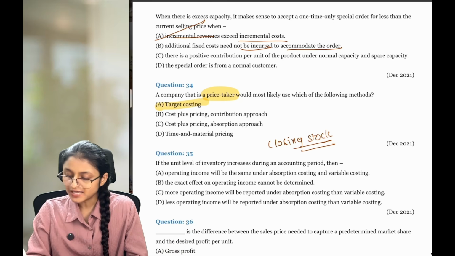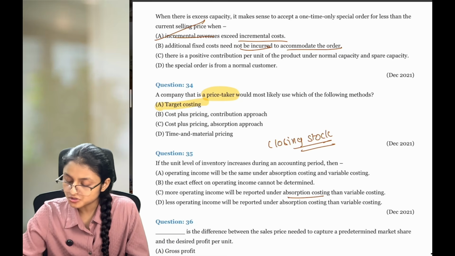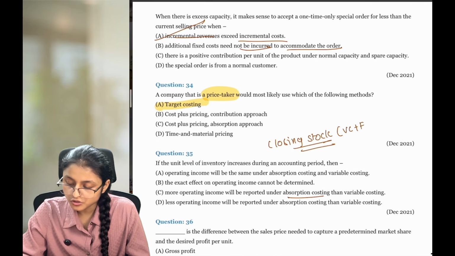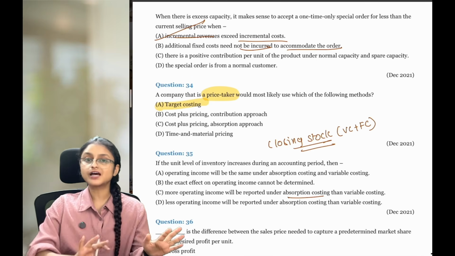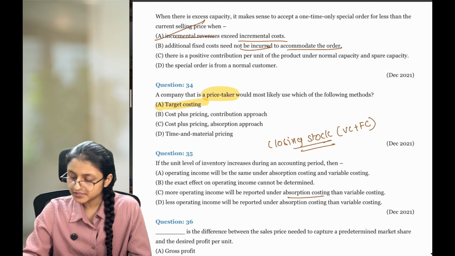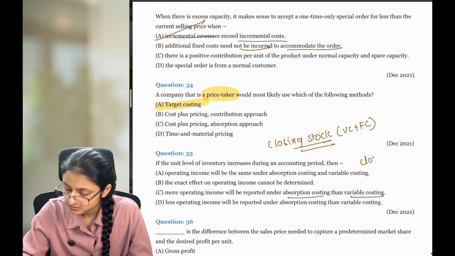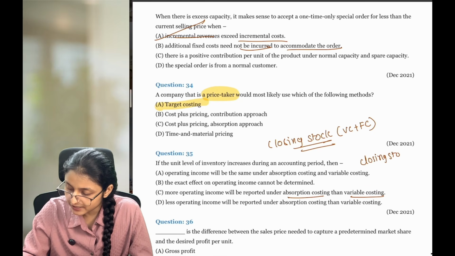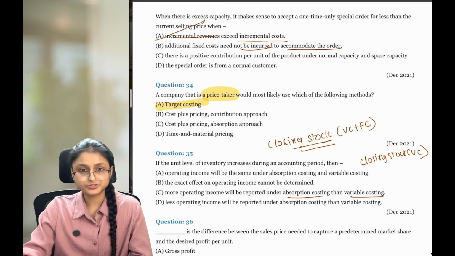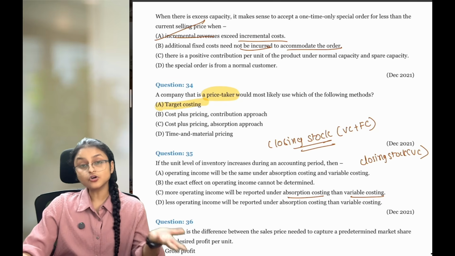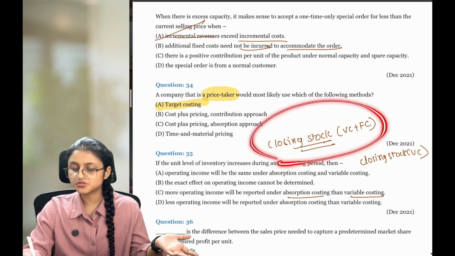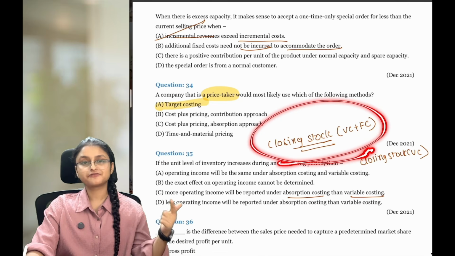Okay? So what happens in absorption costing? Absorption costing takes whether it be your variable cost or fixed cost of production, we take all of that in our closing stock. But in your marginal costing, we take only variable cost to our closing stock. Now why does this happen? Because your cost of production calculated in absorption costing is going to have variable and fixed cost both.